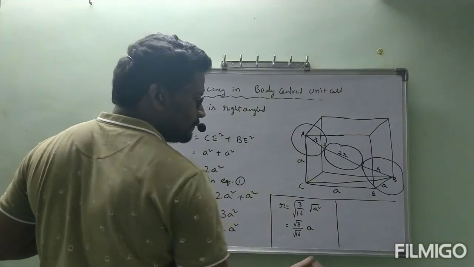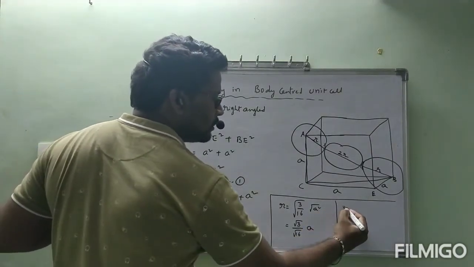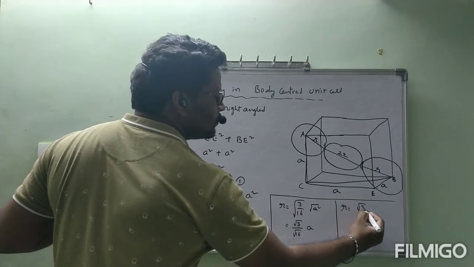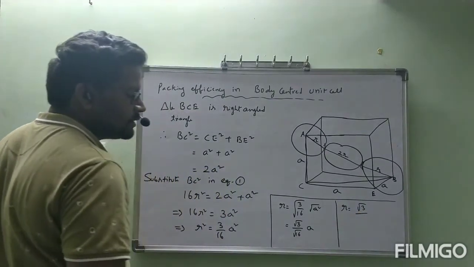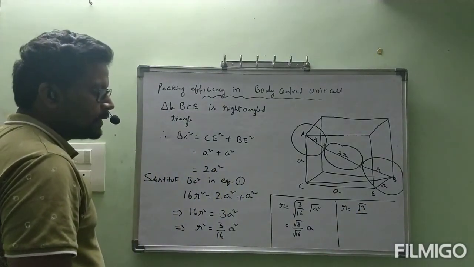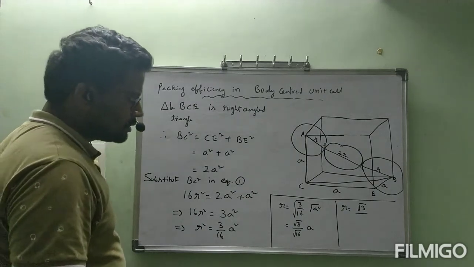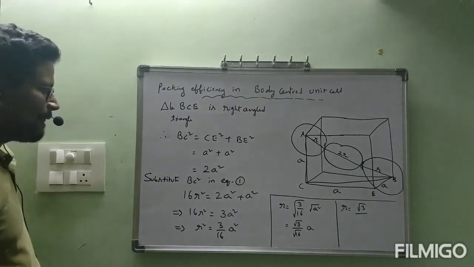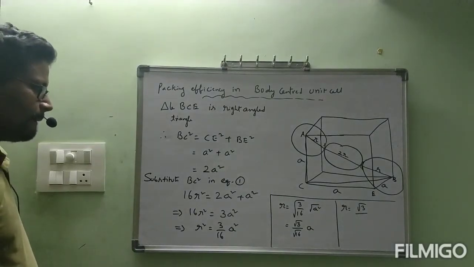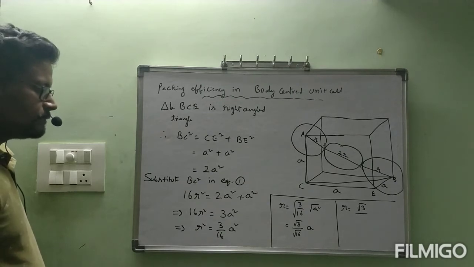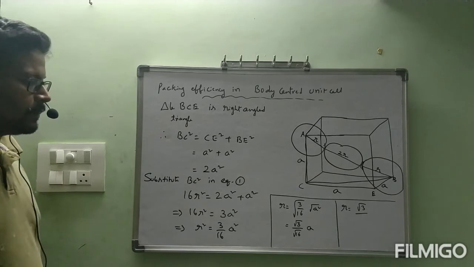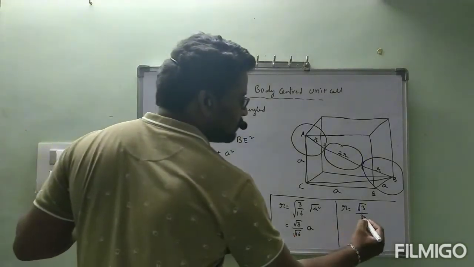Continuation. Root 3 by root 16 means, root 16 means 4.